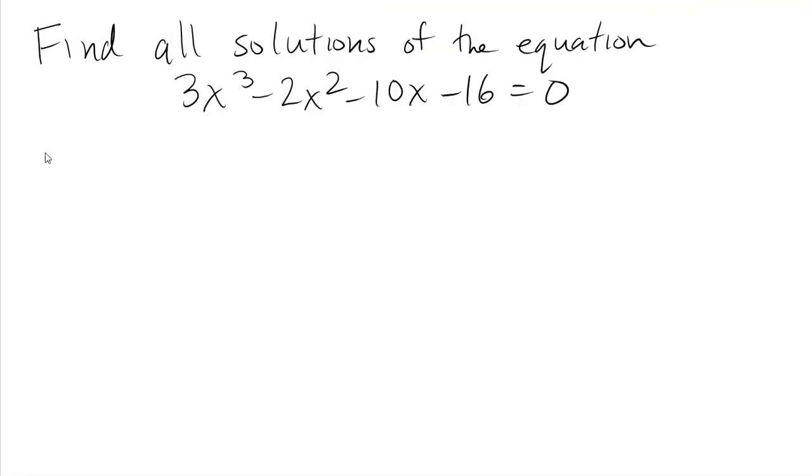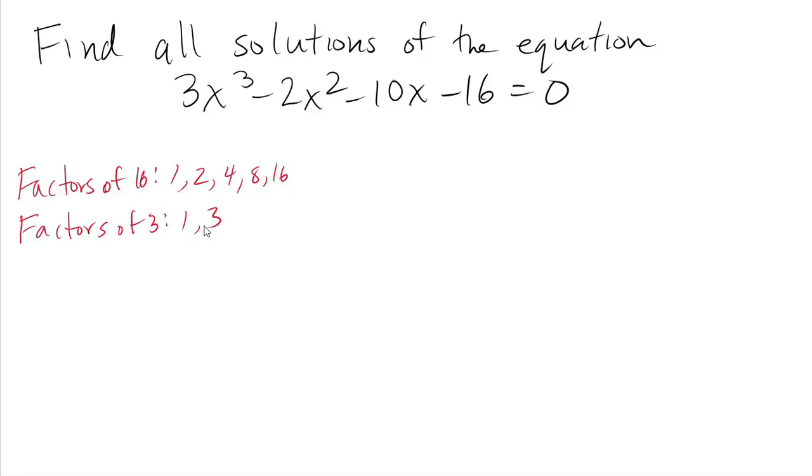The rational zeros theorem tells us that any zero has to have a numerator which is a factor of 16. The factors of 16 are 1, 2, 4, 8, and 16. And the denominator has to be a factor of 3. Well, the only factors of 3 are 1 and 3.